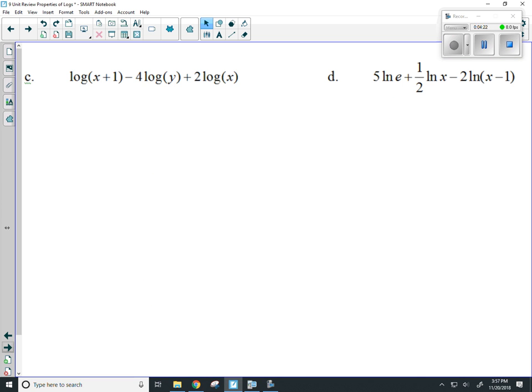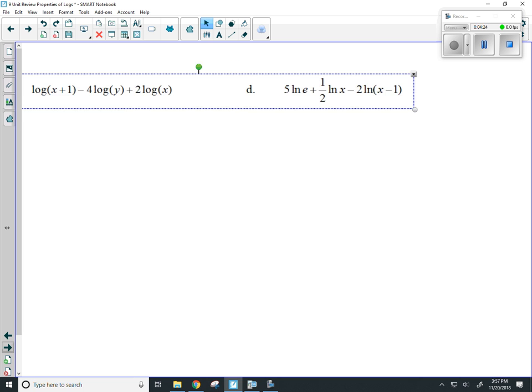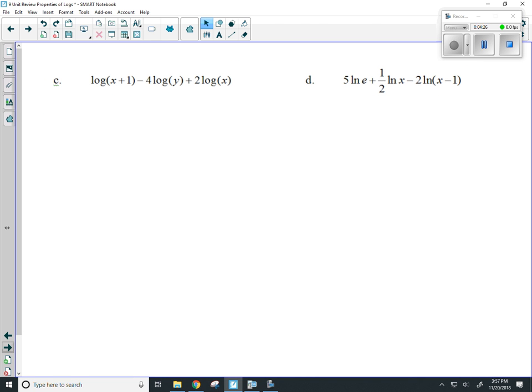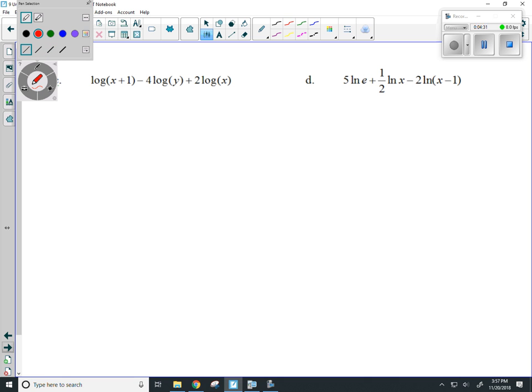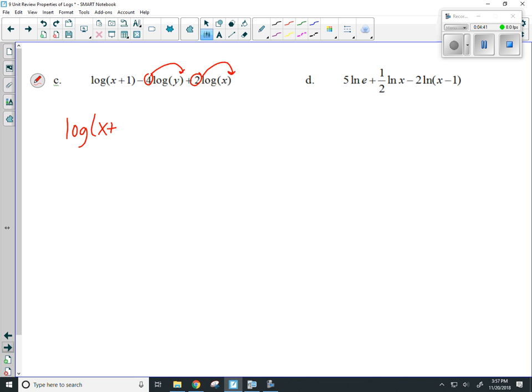All right, the last two in this section. For part C, first thing you want to do is see if you have any numbers to move. So this 4 can move to become the exponent on the y, and this 2 can move to become the exponent on the x. So we have log x plus 1 minus log y to the 4th plus log x squared.